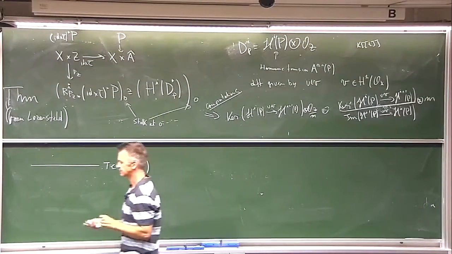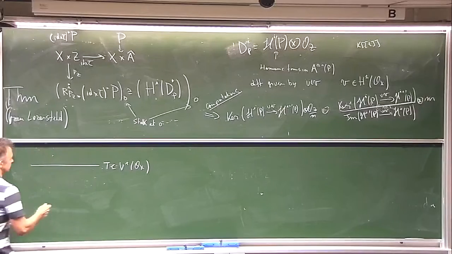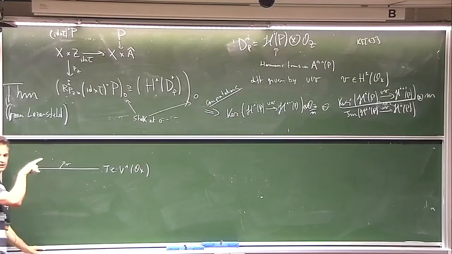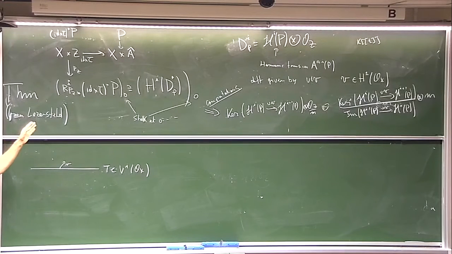Okay, so that tells you that if you're deforming in a direction V that's not in the tangent space, then at the generic point you should be getting 0 here, because the cohomology is going to vanish at the generic point.